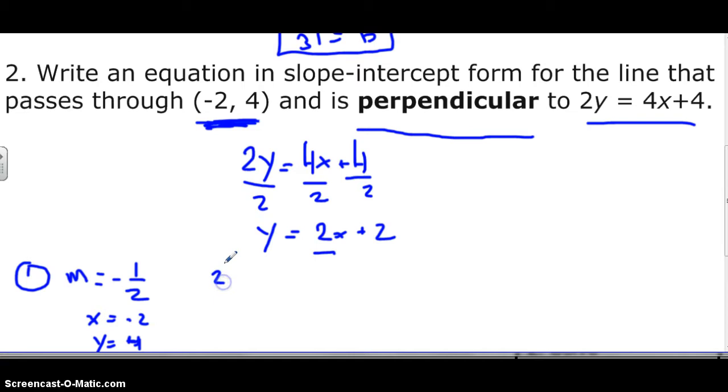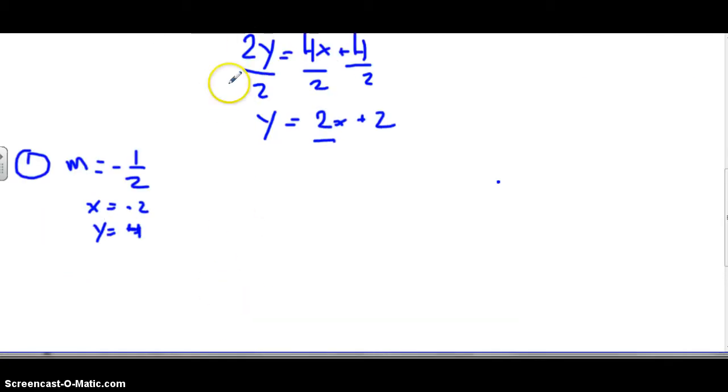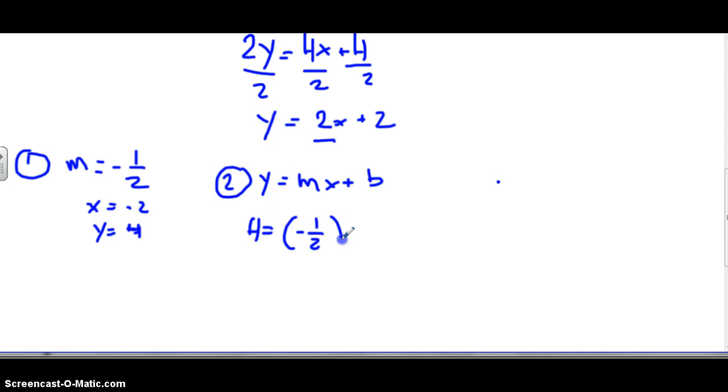Step 2, we're going to write out y equals mx plus b. And we just plug in. Our y is going to have to equal 4. Our m is equal to -1/2. Our x is equal to -2. And once again, we're solving for b because we don't know what that part of the equation is.